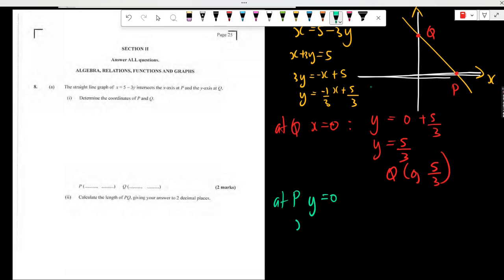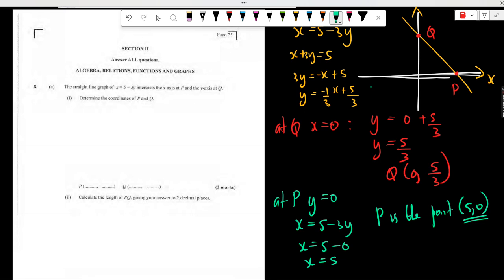So we have the equation, of course, x equals 5 minus 3y, which means x is equal to 5 minus 0. So x is equal to 5. And therefore, P is the point (5, 0). You have to be able to interpret these things.